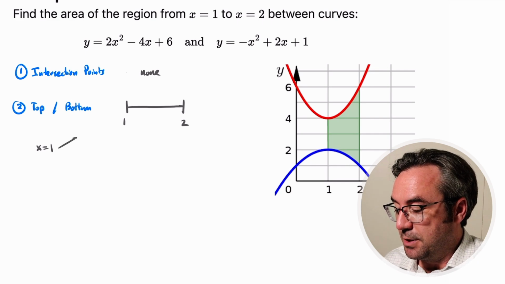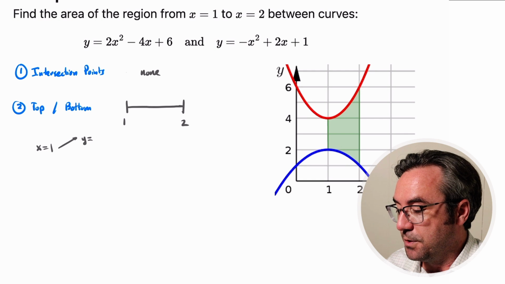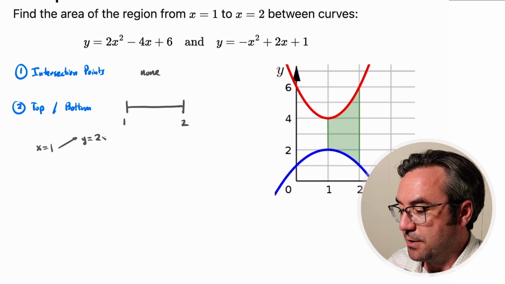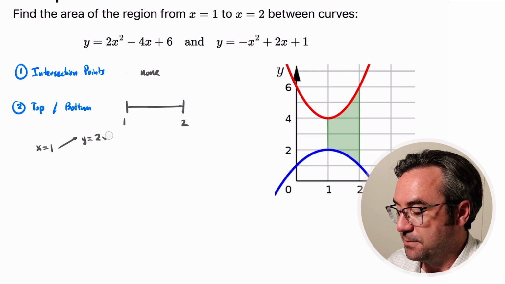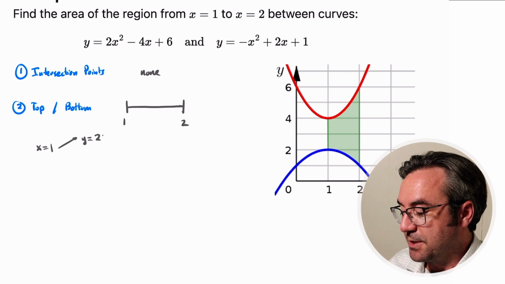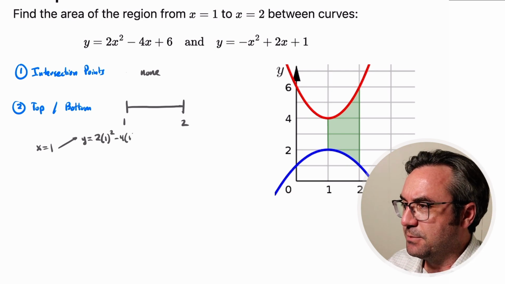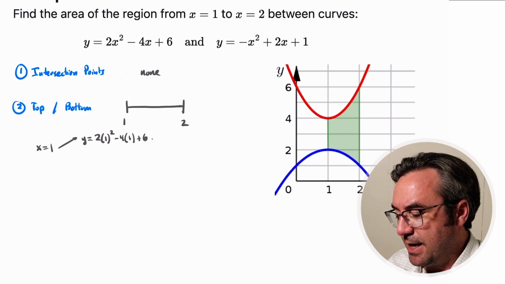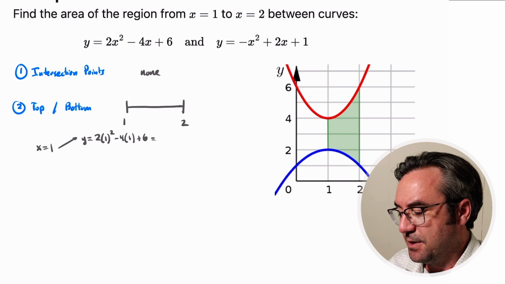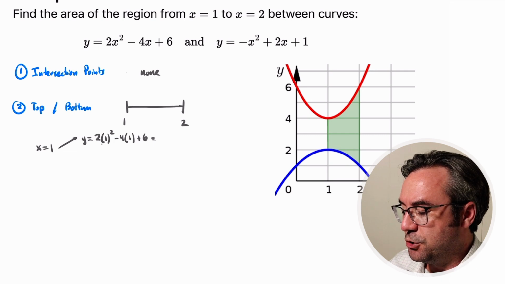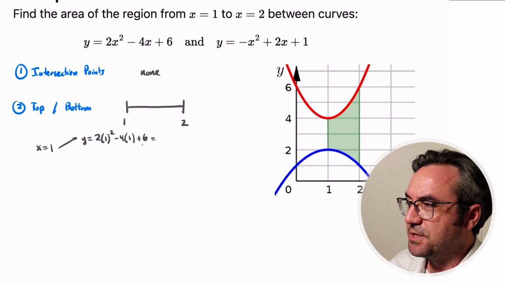All right, so let's plug it into the y equals 2x squared minus 4x plus 6 function. So again, we're plugging 1 in, so we get 2 times 1 squared minus 4 times 1 plus 6. And if we simplify that, we end up with 2 minus 4 plus 6.